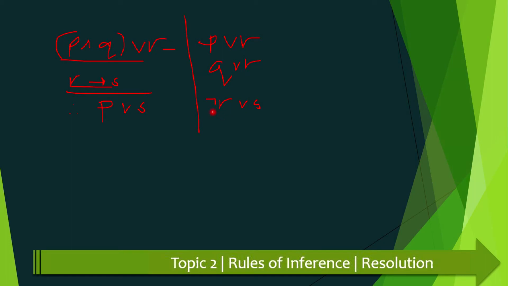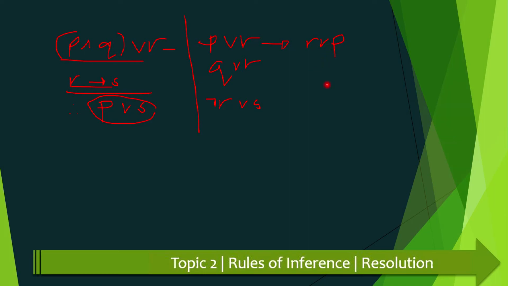So we are going to find another R and P, so that we will have the P or S. Since we have the P or R, we can rewrite this one as R or P.